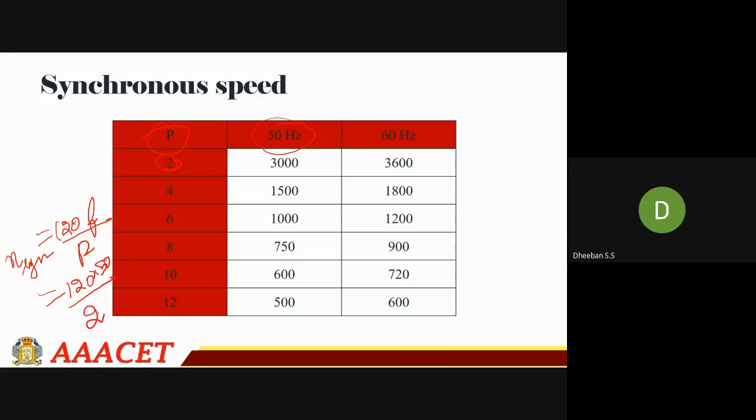This cancels out and this cancels out, you will be getting 30, so 30 into 50, you will be getting 3000. Similarly, for different frequencies and different numbers of poles, they have calculated.